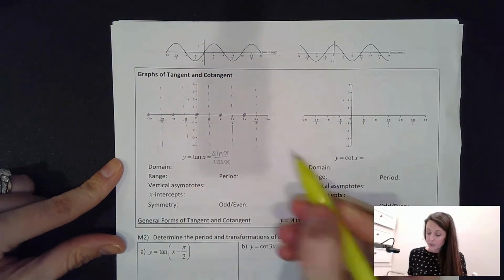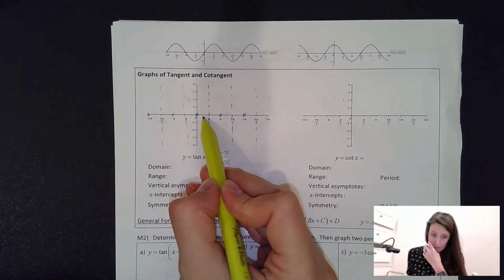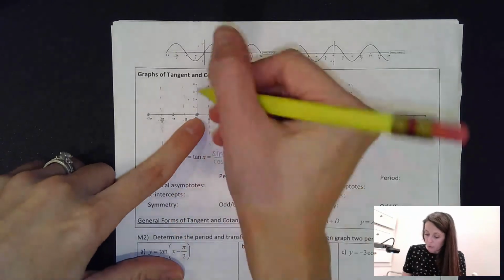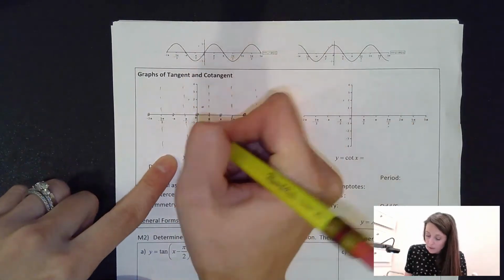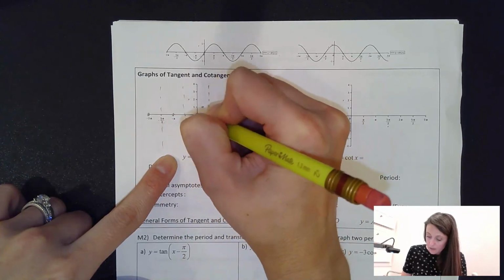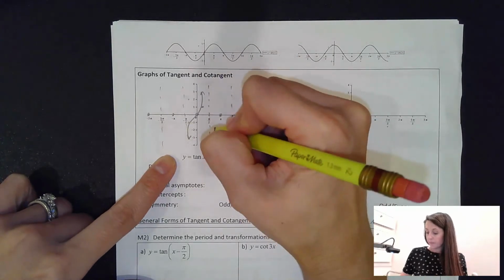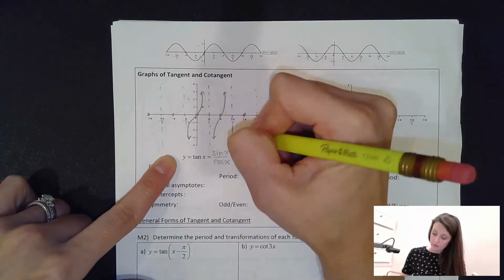All right, so in between here, pi over 4 would be a 1. A negative pi over 4 would be a negative 1. So what is my graph going to look like here? It's going to be a snake all the way up.